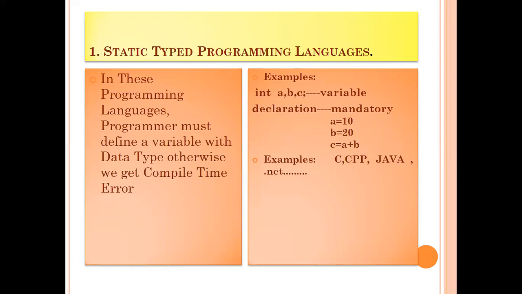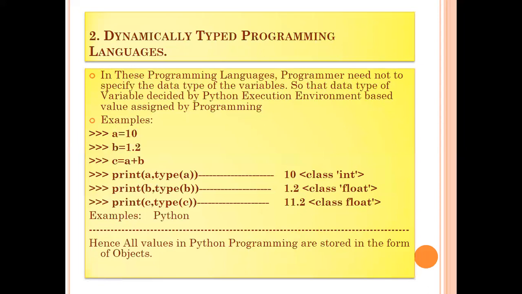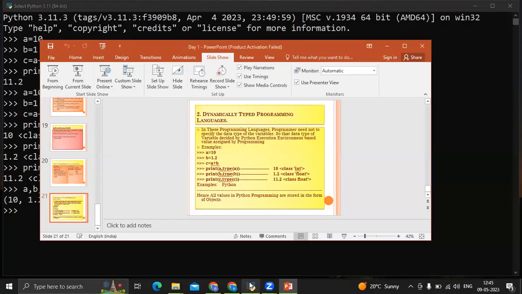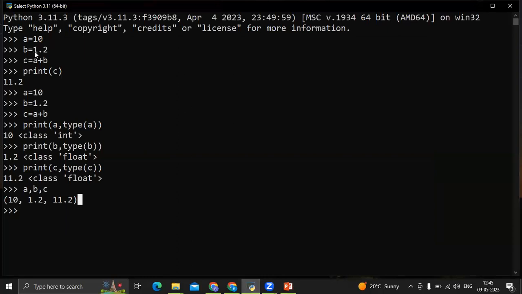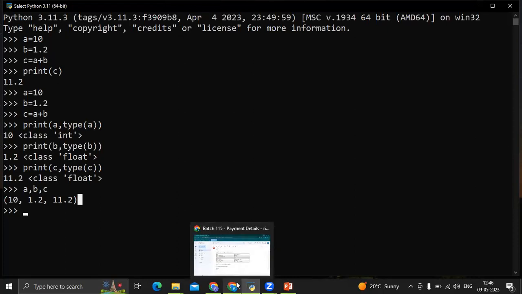But when we talk about Python programming, we need not specify the data type. Here I have given you the example of Python only. Here we are not specifying the type. In Java or .NET, we need to declare the variables a, comma, b, comma, c. Here we need not write it. We'll get the answer automatically.